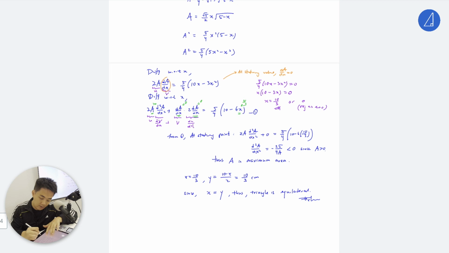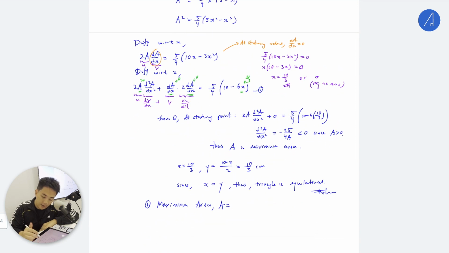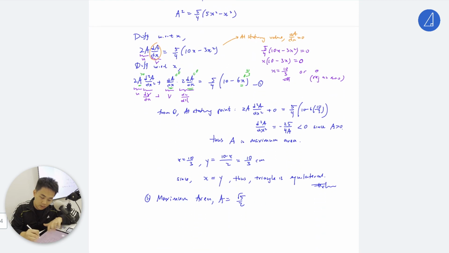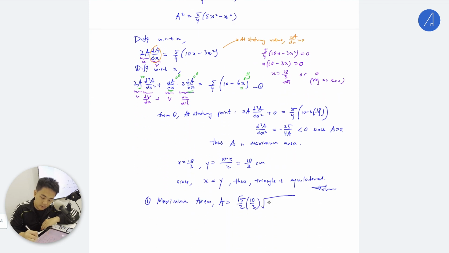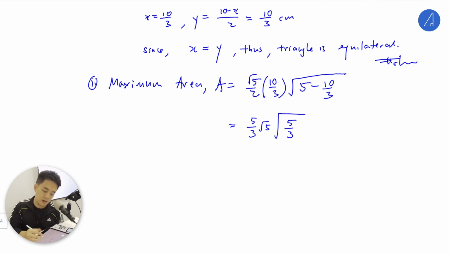So for that will be the area. I just use root 5 over 2 times x, which is 10 over 3. Then root of 5 minus 10 over 3, which will be root of 5 over 3.